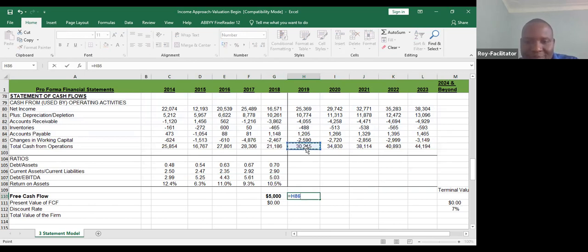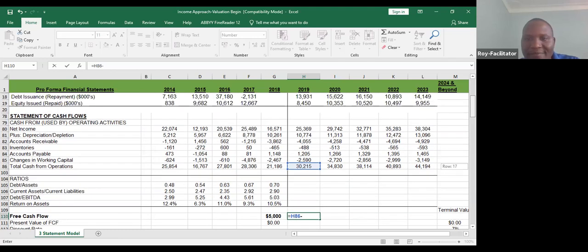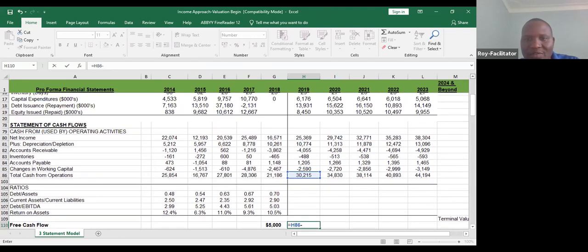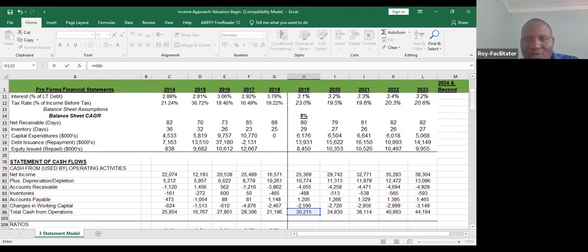Then I subtract the amount of money I expect to invest in capital expenses. In the assumptions, you'll see that he expects to spend 6,176 on capital expenditure.